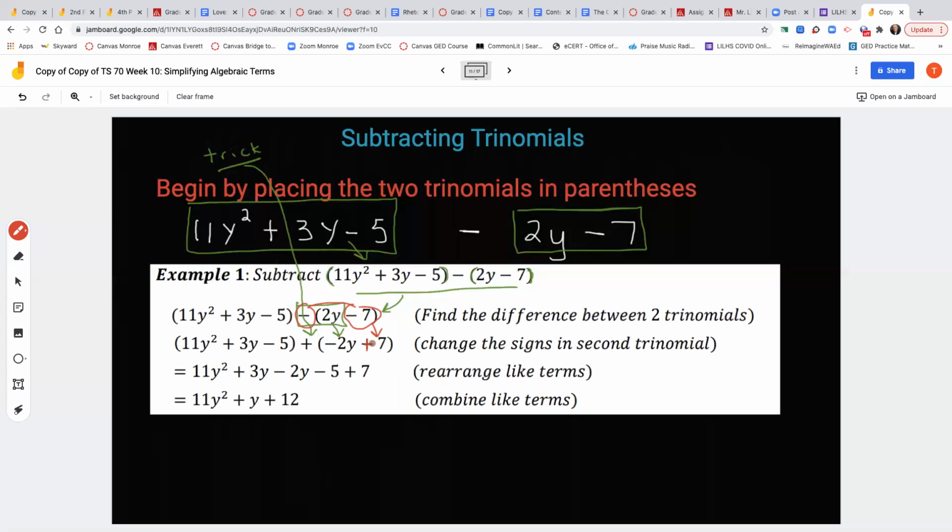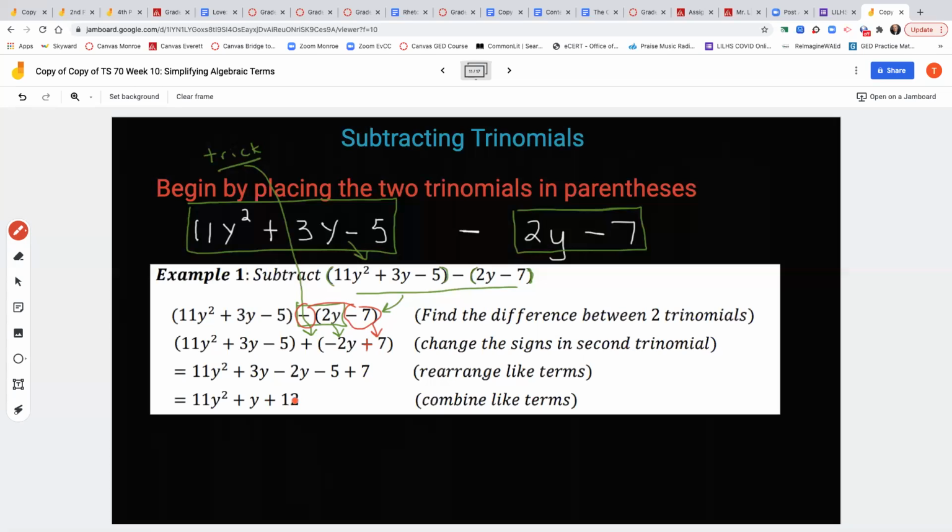Let me again say why. Because this minus is on the outside of the whole parentheses, the minus is minusing everything inside the parentheses. So now I can just combine like terms and get it all the way down to a simplified version of that problem.